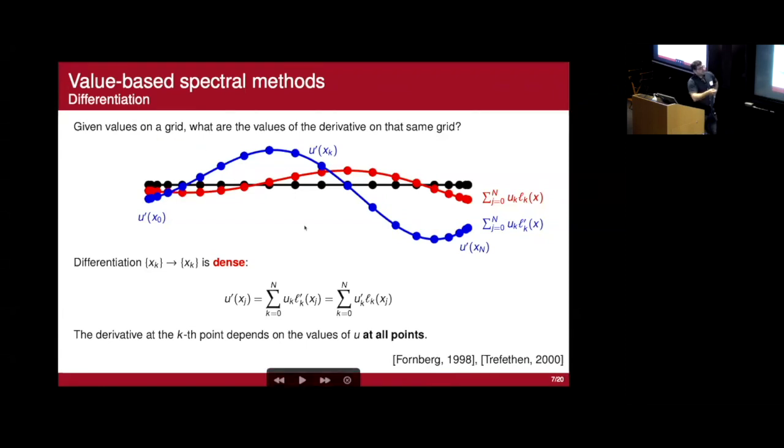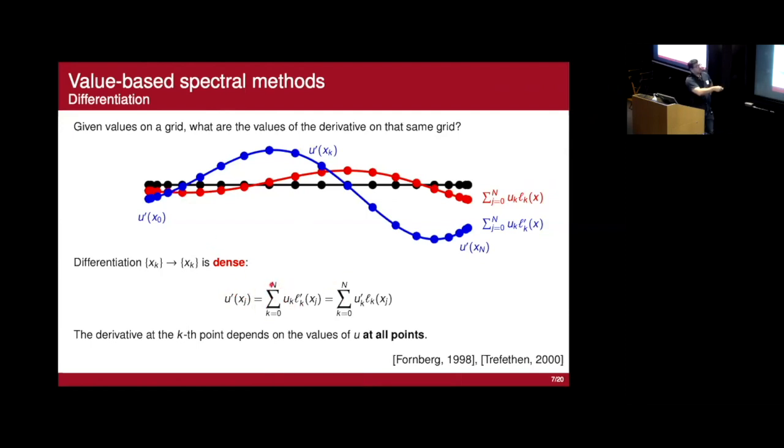And so in practice, what does this mean? If I have, say, n of these points, and I want to represent differentiation as an operation from endpoints to endpoints, well, the value of my derivative at the jth point is just this sum.